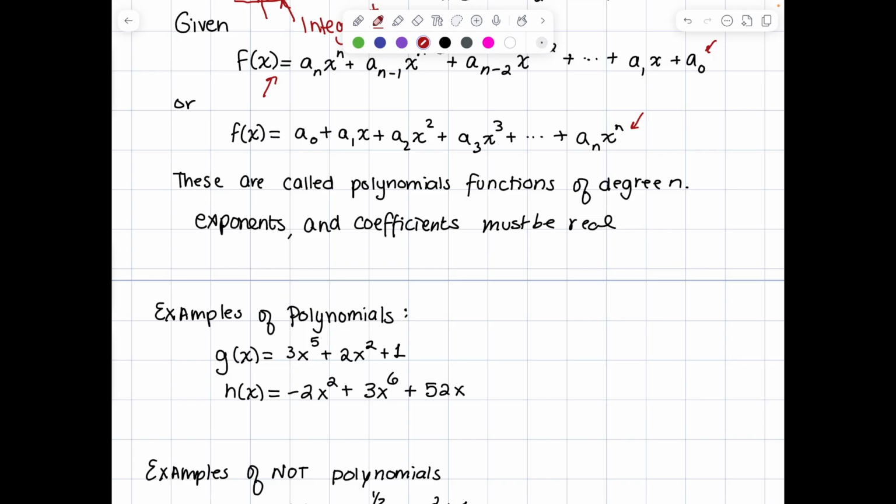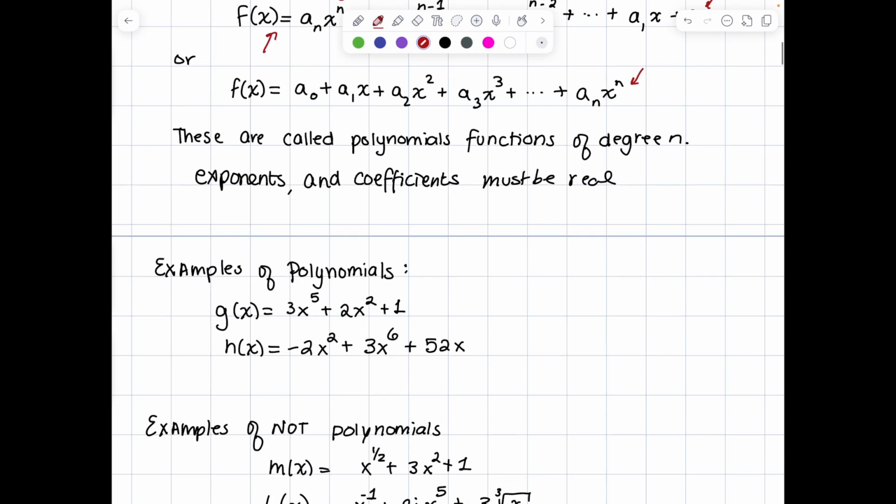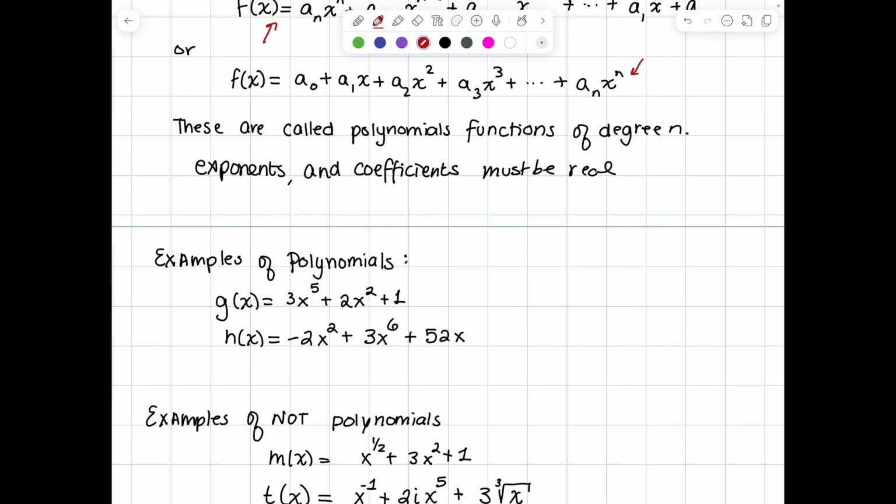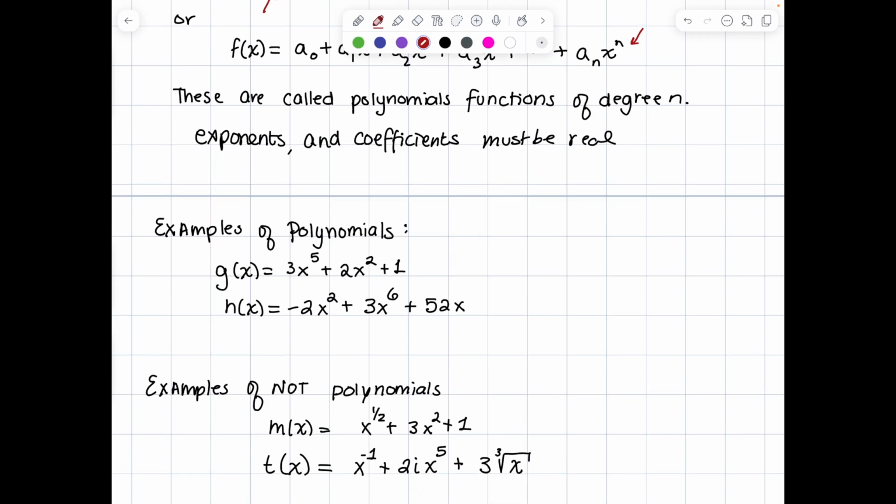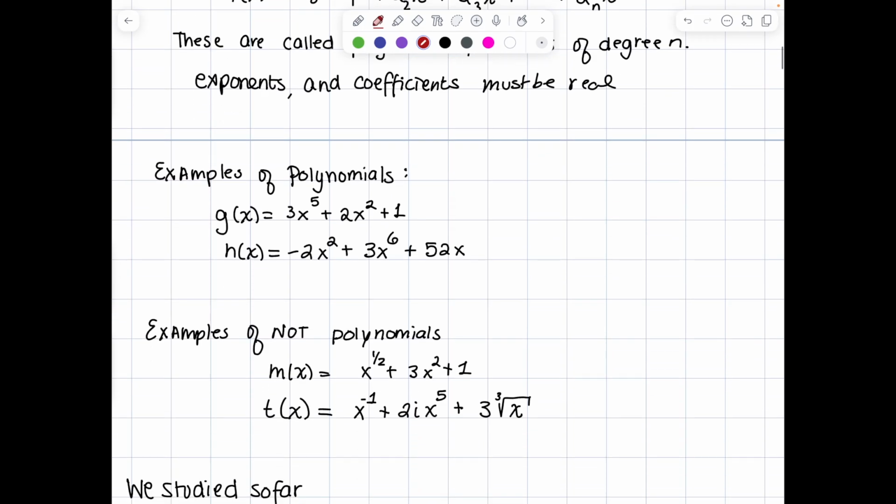So usually when you have some type of polynomial function, you always refer to it as a degree whatever polynomial, and that degree you state is the highest degree in your polynomial. The exponents and the coefficients must be real. Exponents have to be positive. Coefficients must just be real. So here's some examples of polynomials.